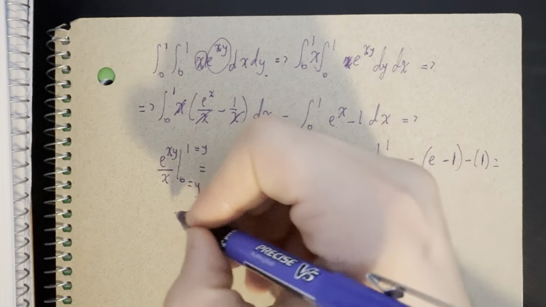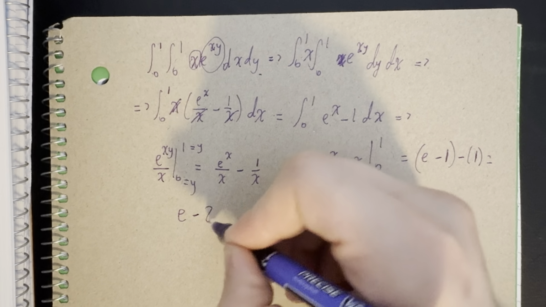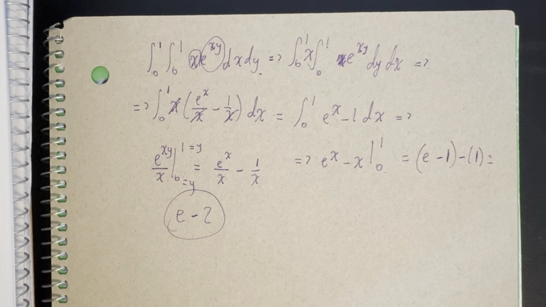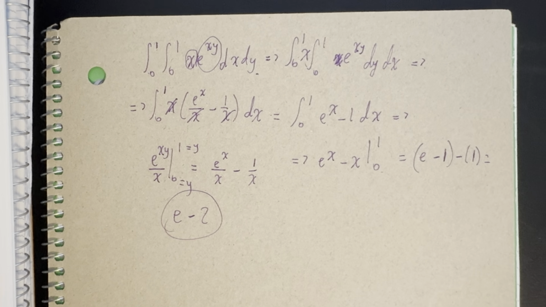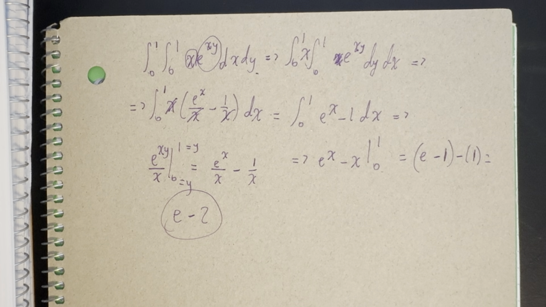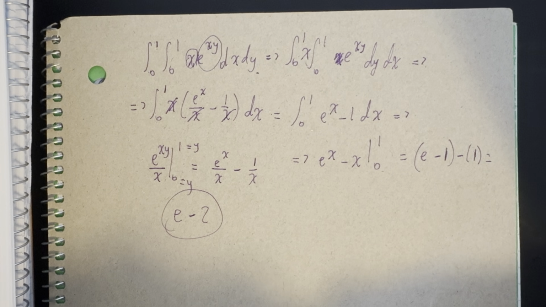So this is just e minus 2. Okay. So yeah, if you do it one way, you can avoid integration by parts and get this really nice little cancellation right here. If you want to do it with integration by parts, do that. I'm not going to do that in this video. I'm good.